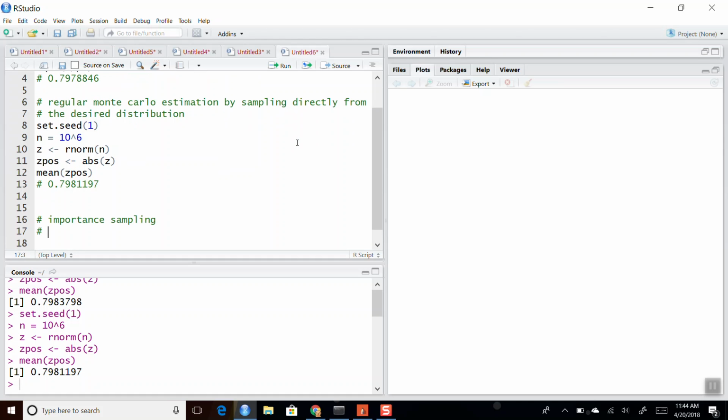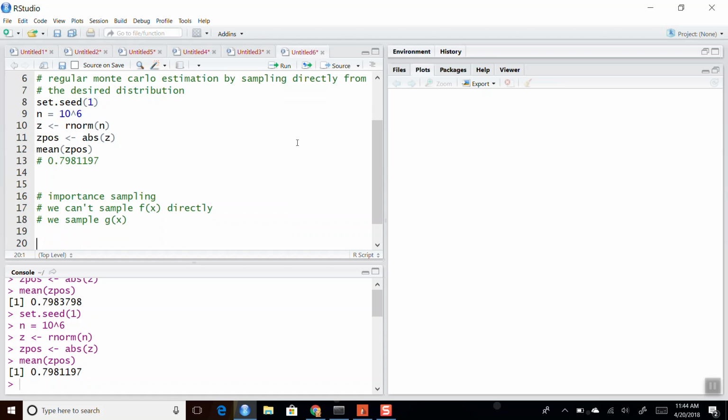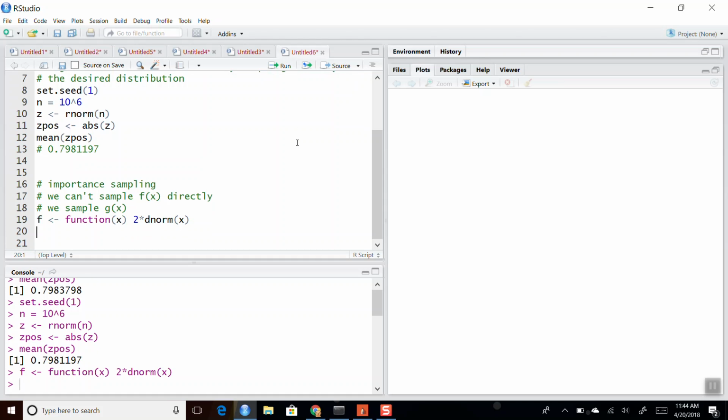We can't sample f of x directly, so we sample g of x. f will be a function of x, 2 times the normal density, and g will be a function of x, the exponential density with rate equal to 2.